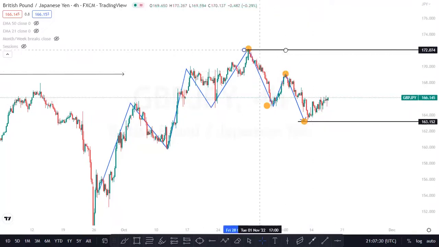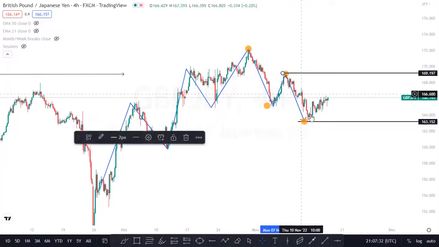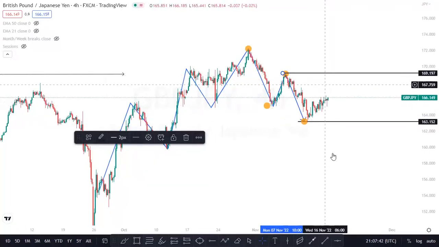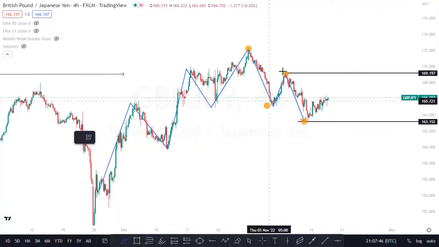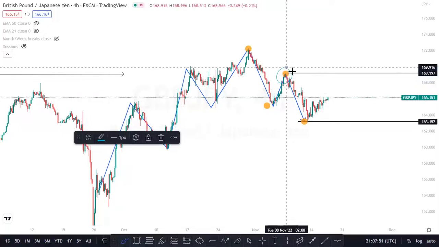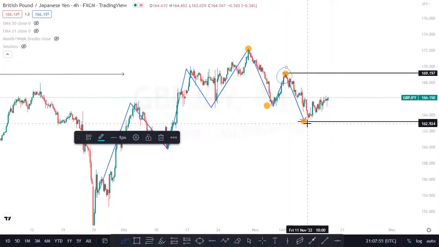So now our new high is this one and our new low is this one, and we are trading between these two black lines, which means the market should respect this high here and then break through this low here.